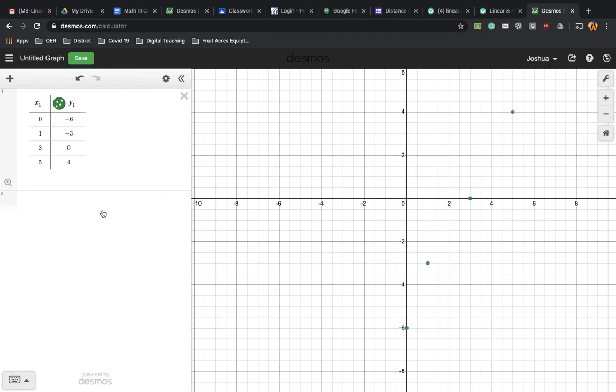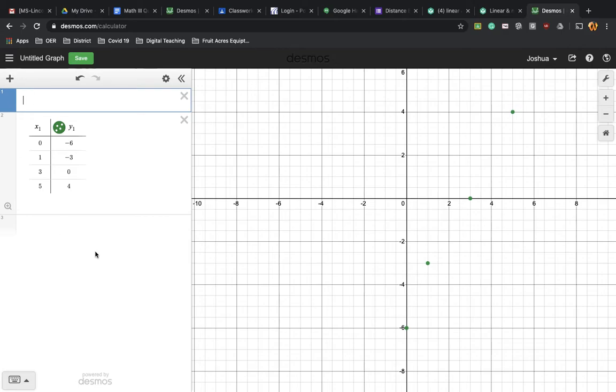If I want to go a step further, if I want to test my theory, I can actually mess around with adding a linear function and seeing if I can get it to go through all of those points. Okay. And that's going to take the form of y equals mx plus b. So I'll start with the y equals.